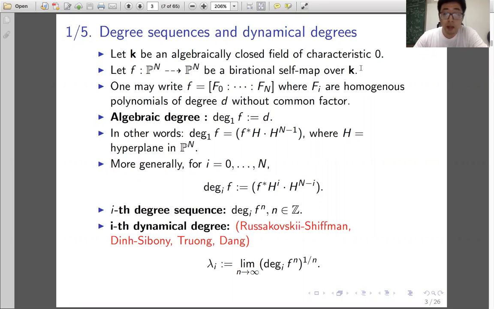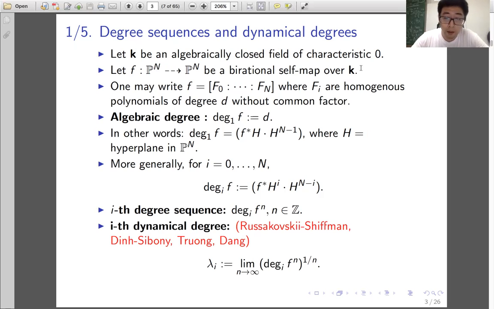And the i-th dynamical degree is defined to be lambda_i, which is the limit of deg_i(F^n) to the power 1 over n. And this limit converges. This definition was made by many people.